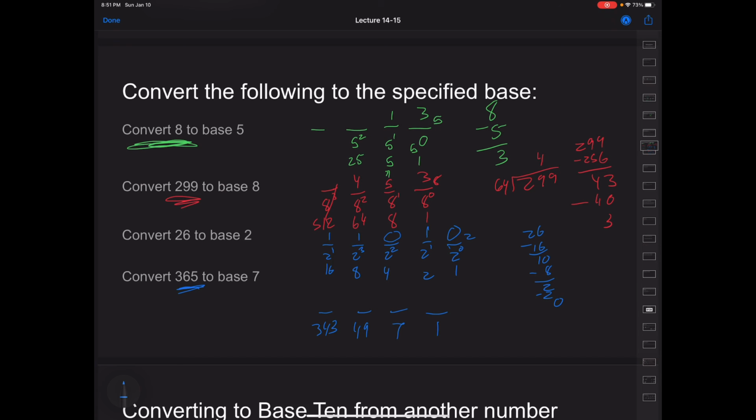So I see that I have 343 in 365, so I'll put a 1 and then I'll subtract. 365 minus 343 is going to be 22. 22 is smaller than 49, so we're going to have a 0 here. How many 7s are there in 22? There's 3 of them. Subtract 21, or 3 times 7. We get 1, and we have 1 left. And that is converting from base 10 into another base.